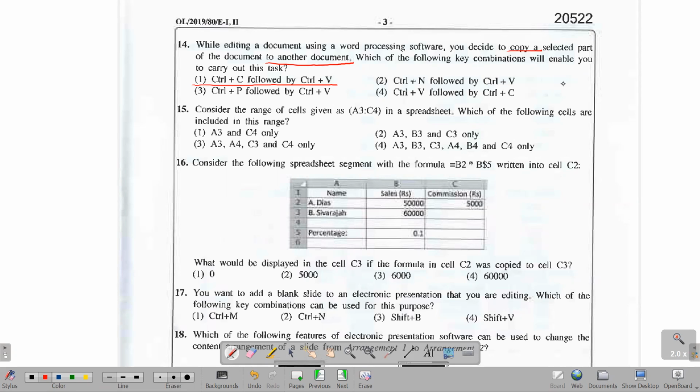Very good, Sarah. And what about Control P? Control P does the printing part, right? So using Control P, you can print the document. Okay, so 15th.